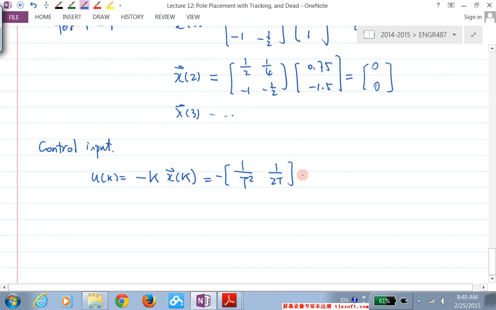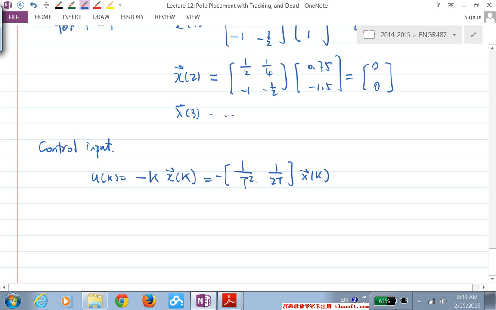So apparently you can see your u of k is going to be a function of the sampling time. If you change to a different sampling time, your control input will change, essentially.